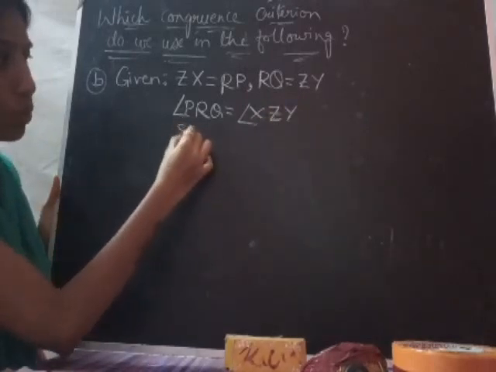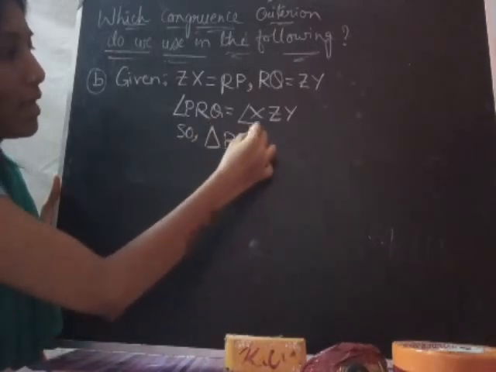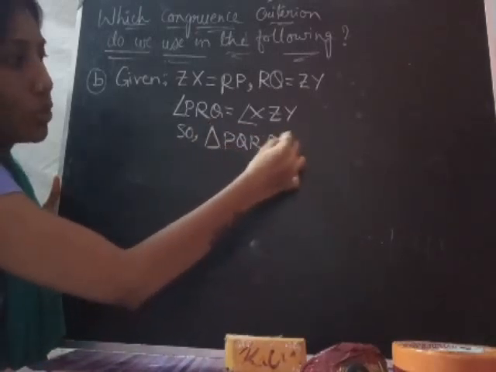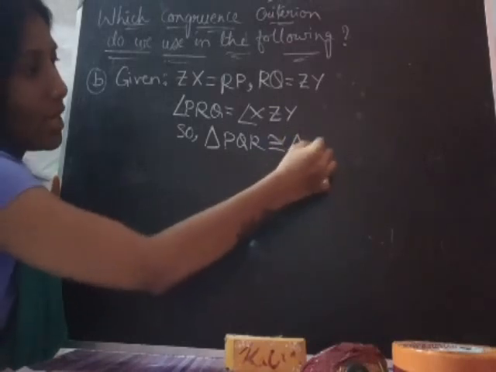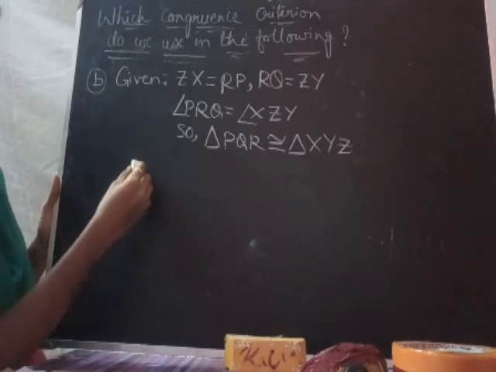So triangle PQR is congruent to triangle XYZ. They have given the figure.